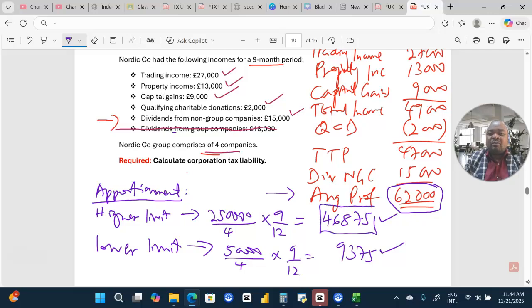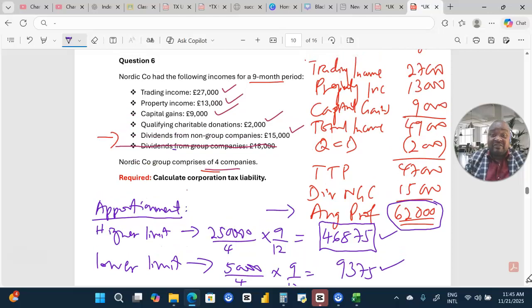And we have a rule. If the incomes of the company are higher than the upper limit, okay, initially the upper limit was 250,000, but we had to apportion the limit by the number of companies as well as by the accounting period, the 9-month period.